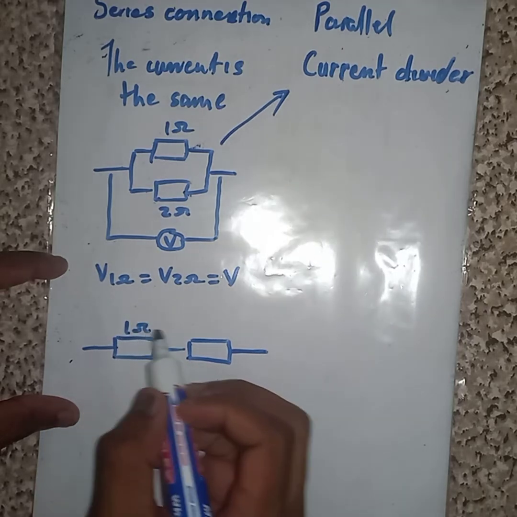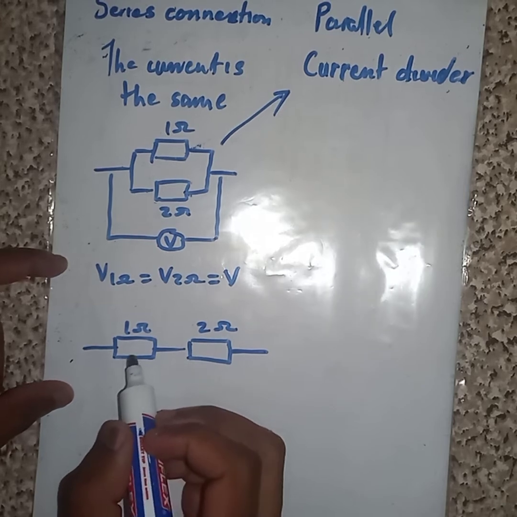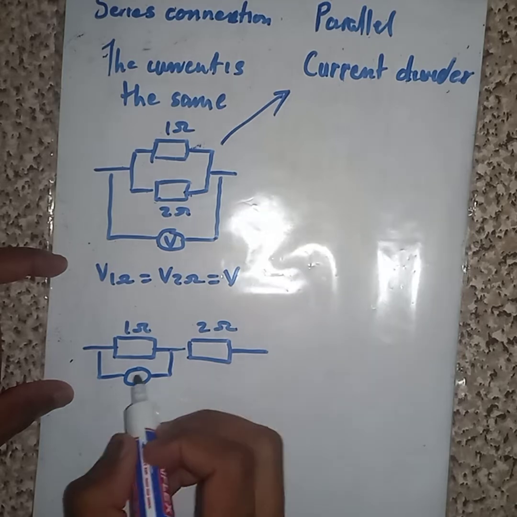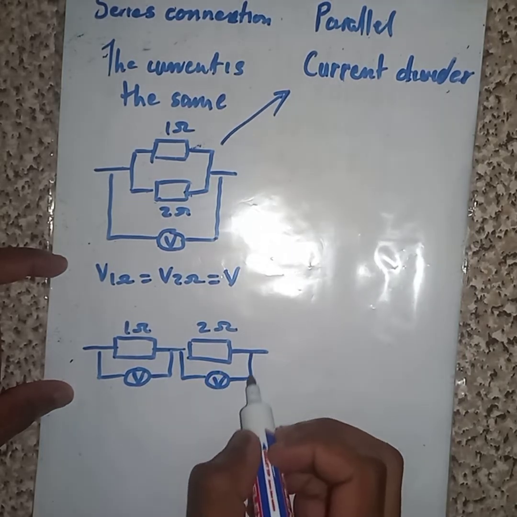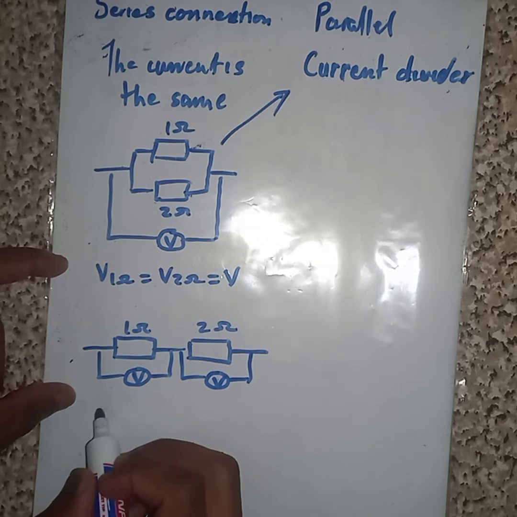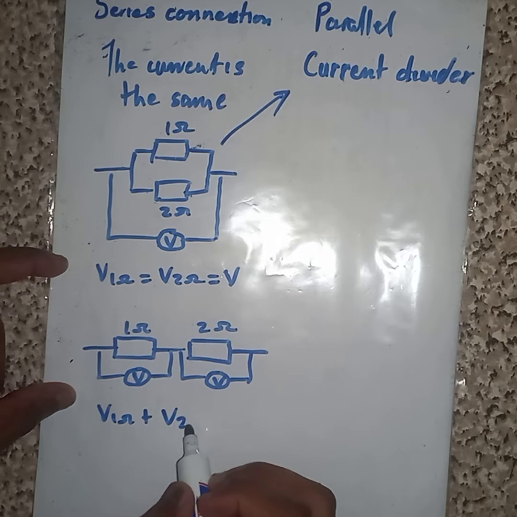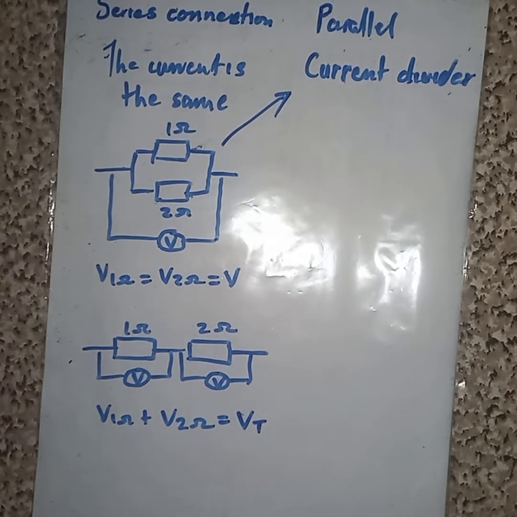Let me call it 1. Let me call this one 2. As for this one, this V together with this V must be V of 1 ohm plus V of 2 ohm. It gives us V total. You see?